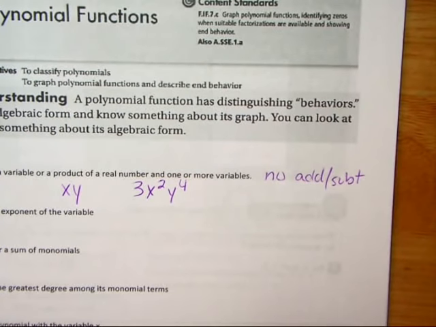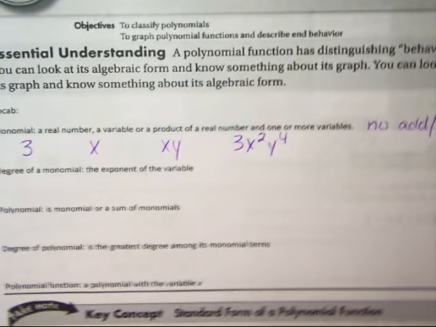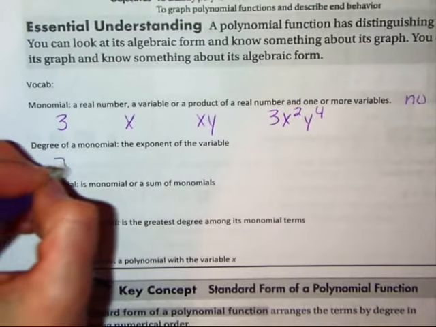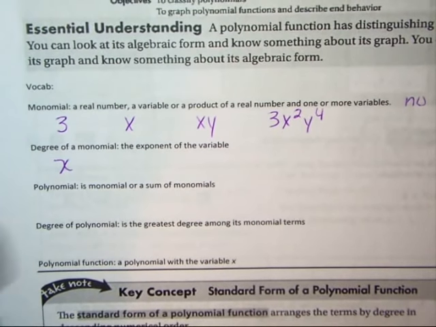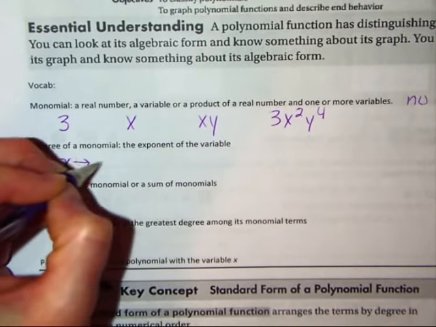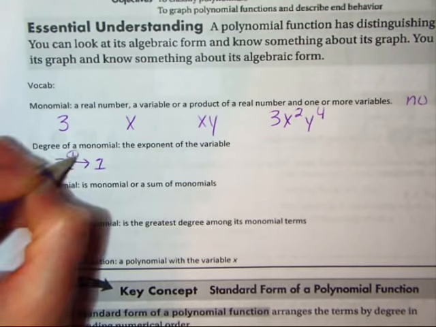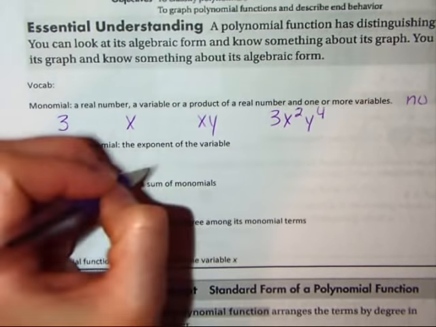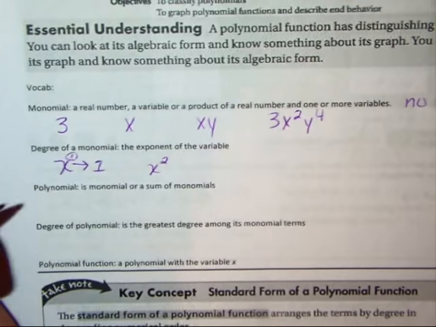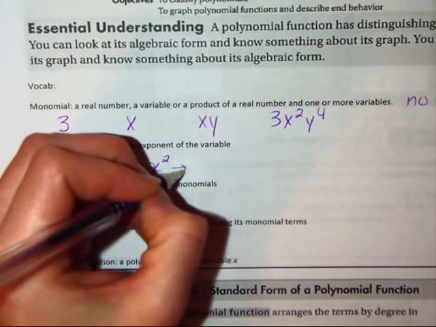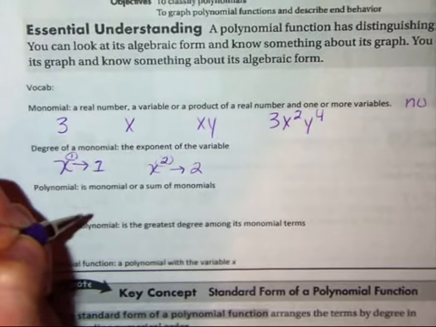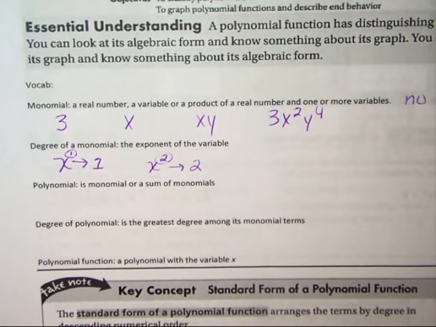Let's move on to what the degree of a variable with an exponent is. Let's say that we have x. It's simply the exponent. The degree of this is 1 because the exponent is 1. Let's say that we have x squared. The degree of this is 2 because our exponent is 2. And it's really just that easy.